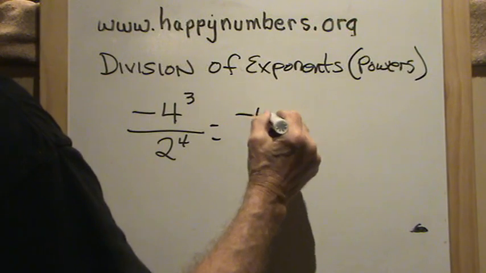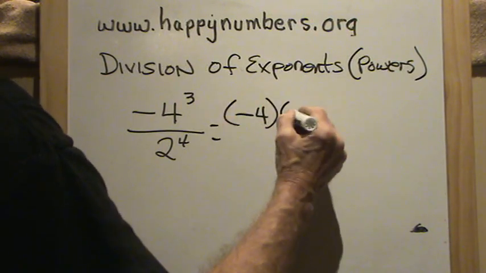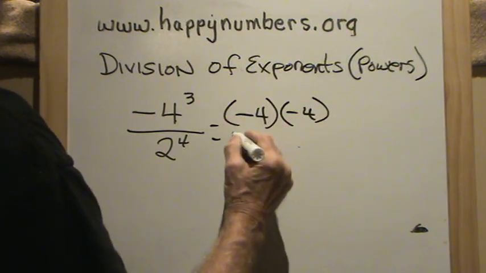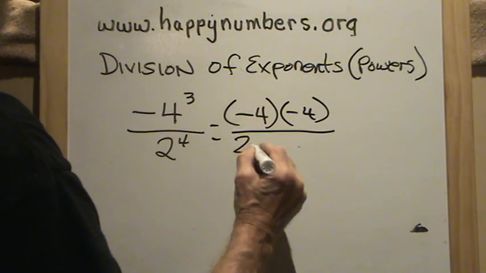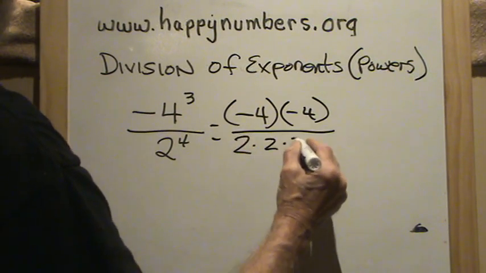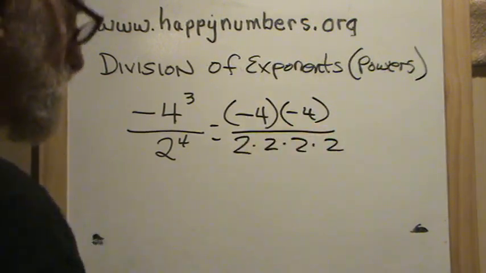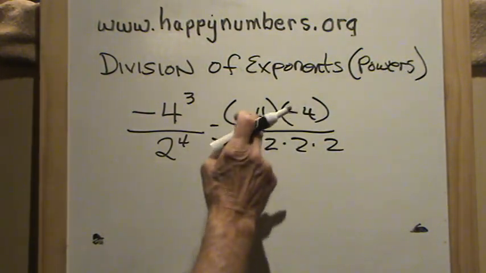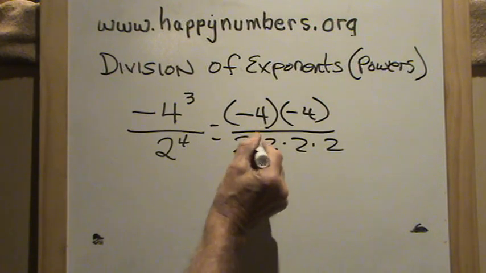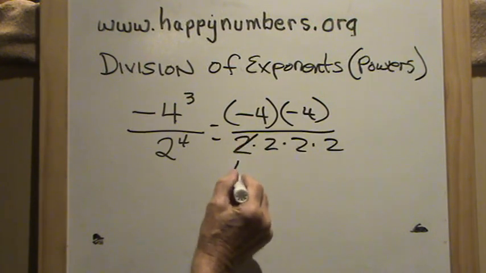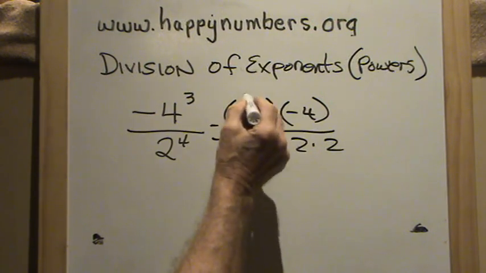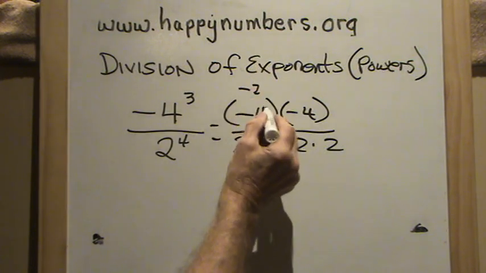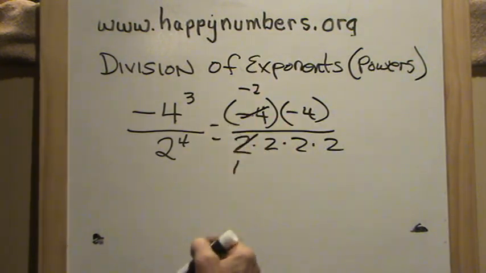Negative 4 times negative 4 divided by 2 times 2 times 2 times 2. Well, we know that we can cancel here. 2 can go into 2 one time. 2 can go into negative 4 negative 2 times, because it's a positive and a negative.